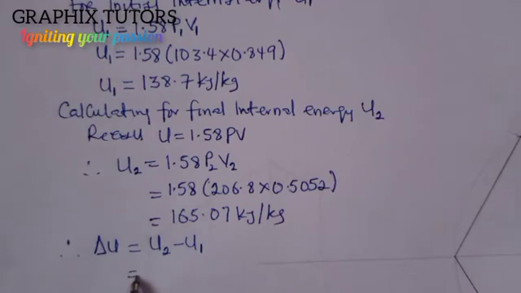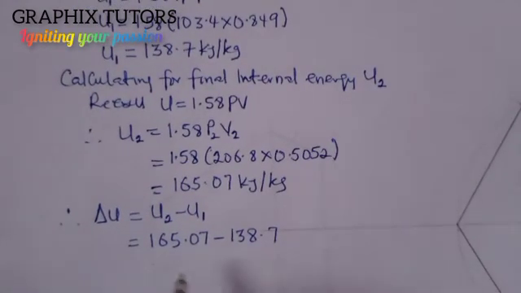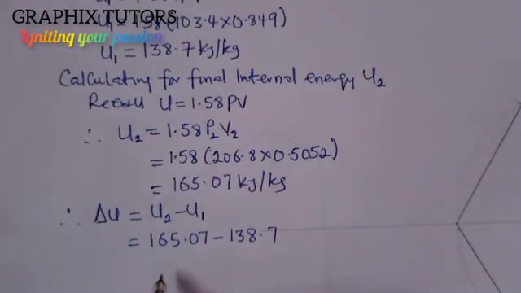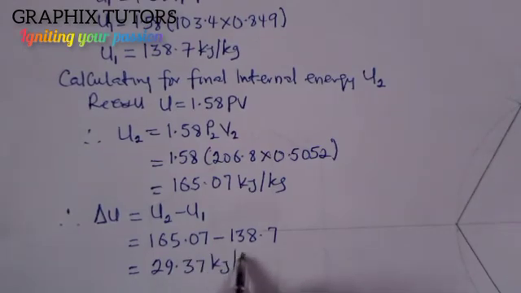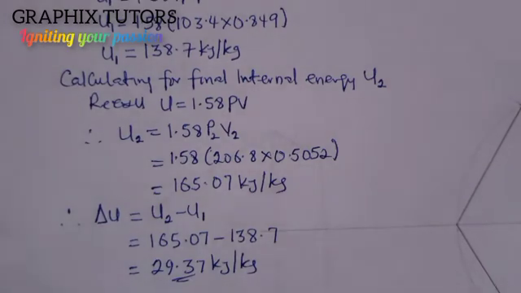So this will give us 165.07 minus 138.7, which gives us 29.37 kilojoule per kilogram. So this is my change in internal energy, delta U.